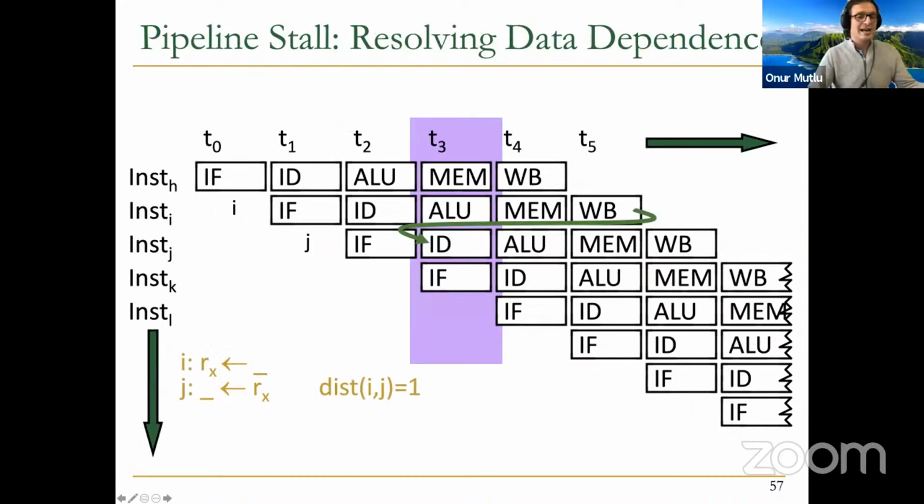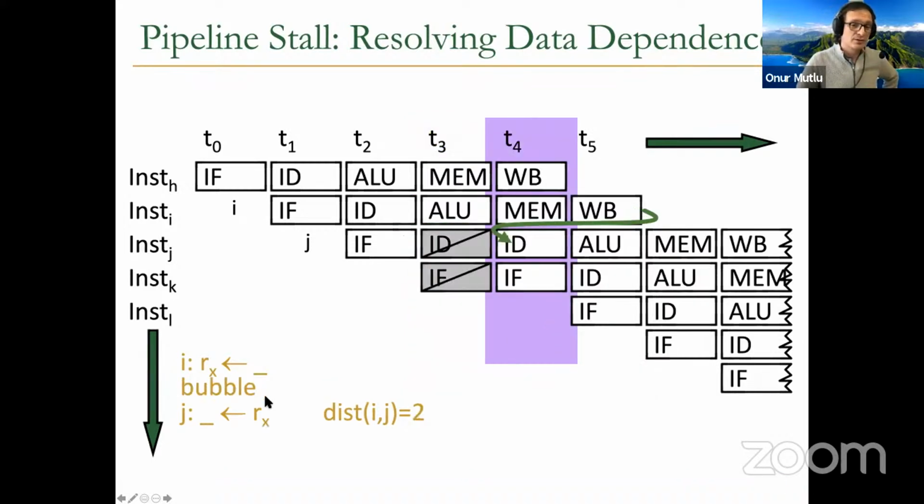Okay, let's take a look at it in a more formal way. An instruction is writing to Rx, another instruction is reading from Rx. What should the minimum distance be between these instructions in this pipeline such that you get the correct value into the input of the second instruction J?